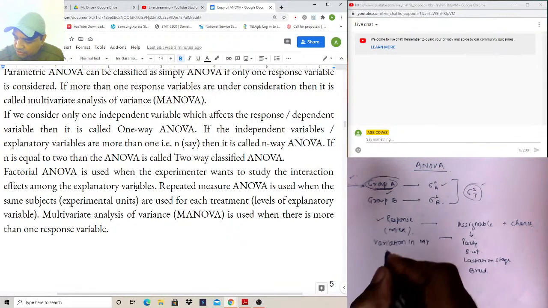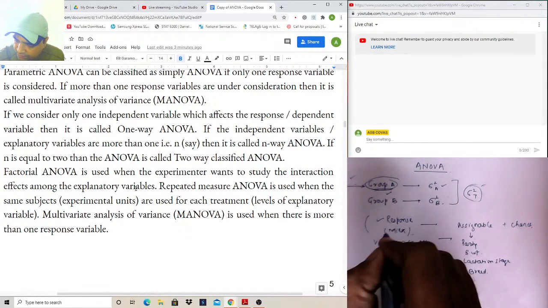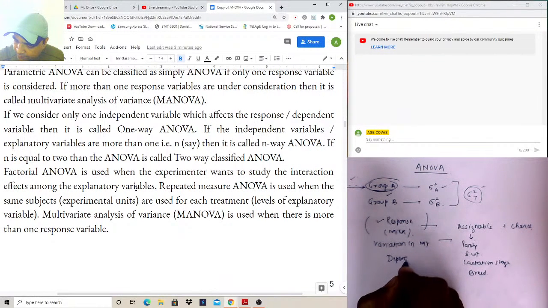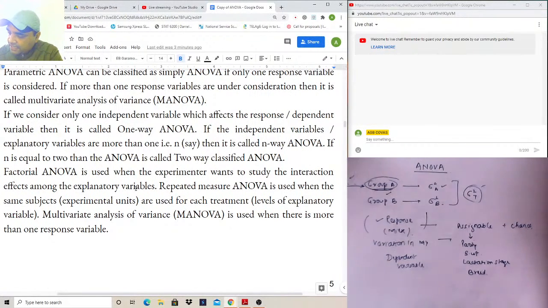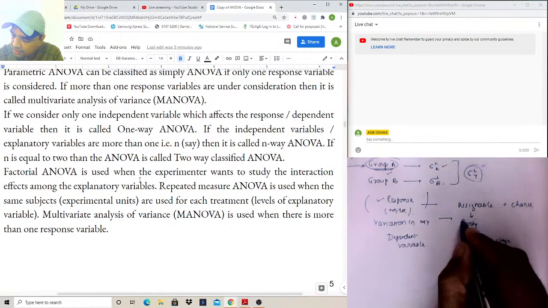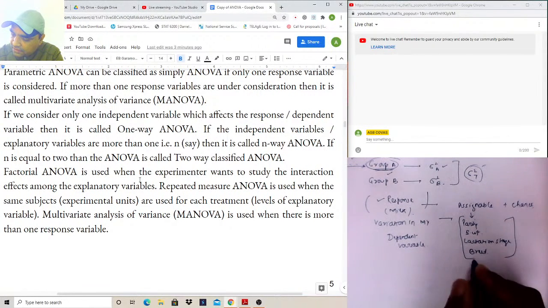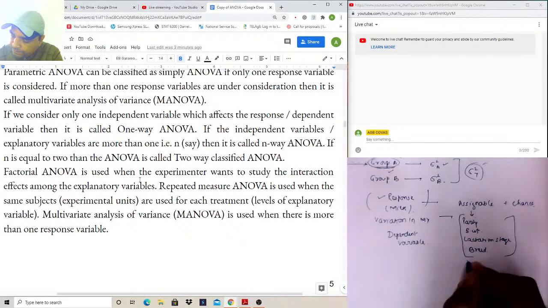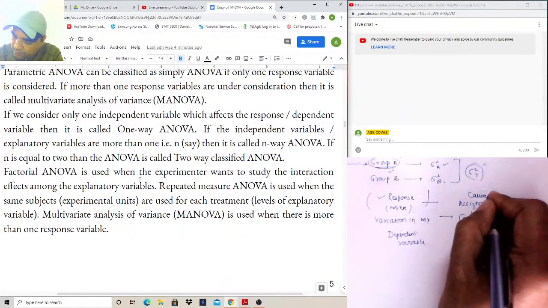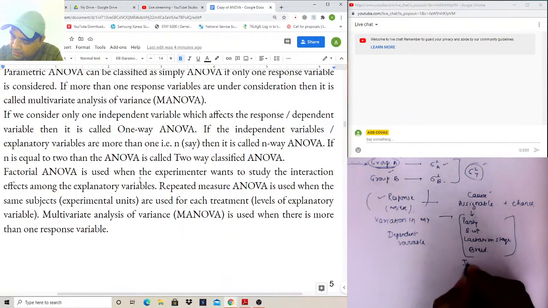So this is your response, which is called the dependent variable, and your assignable factors are nothing but the cause, and these are independent.